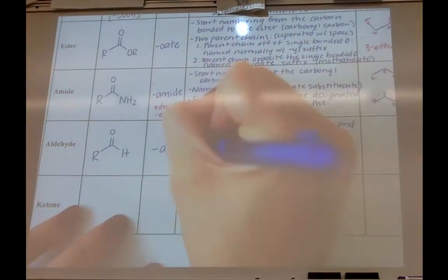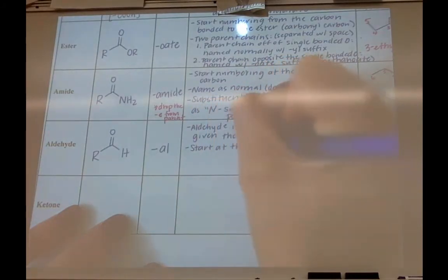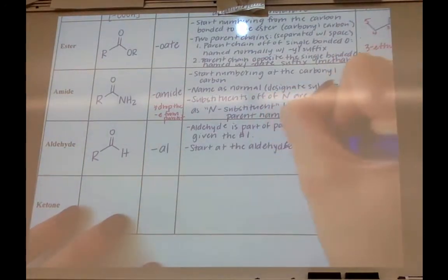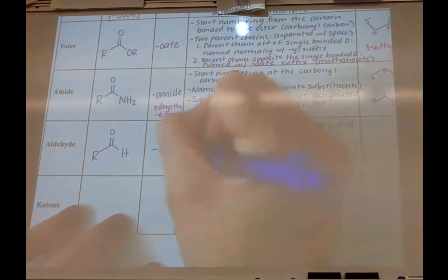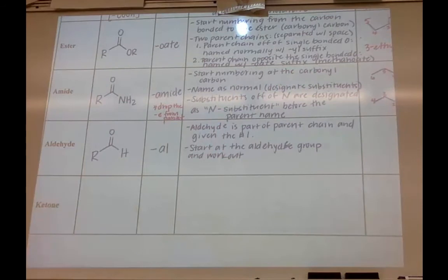So then you're just going to start at the aldehyde group and work out. Same thing. It's just the E that gets replaced. A lot of these you're just replacing the E. So instead of butane, butanal.